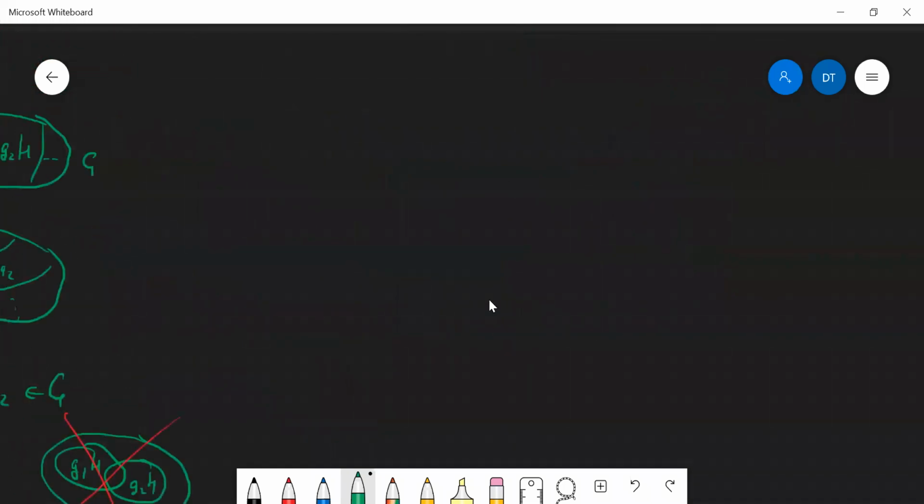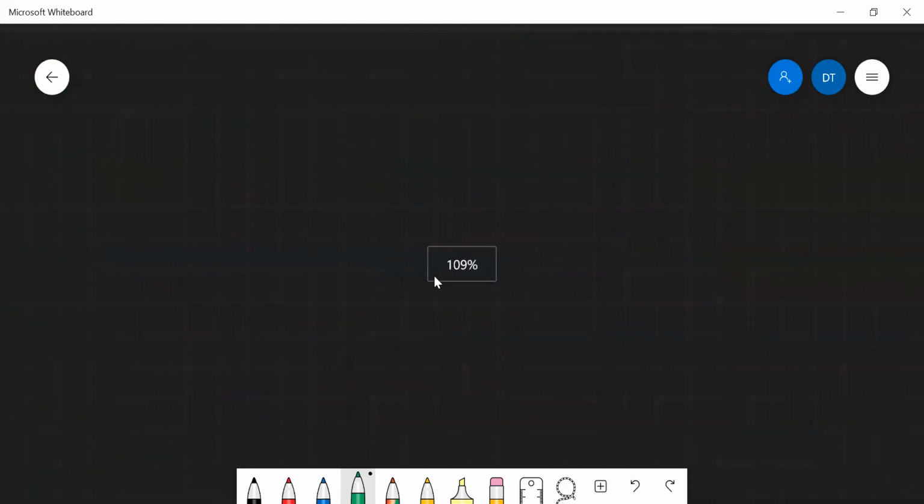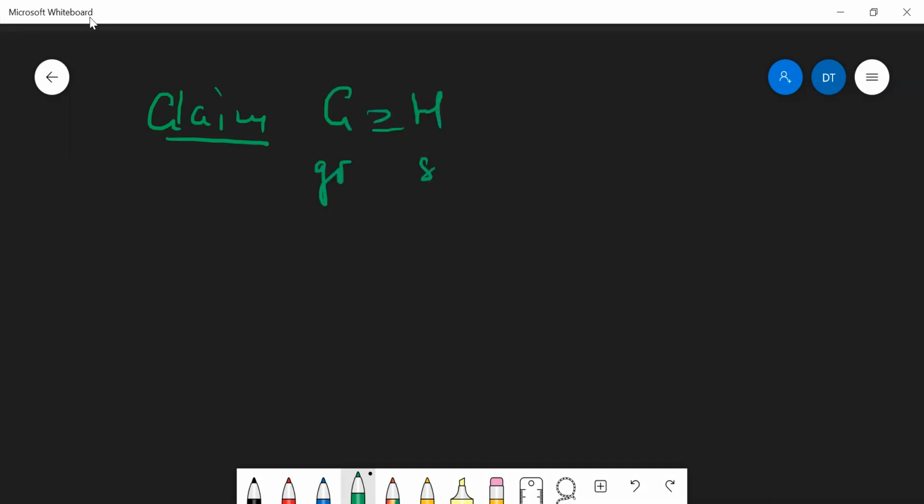The next thing I want to explain is that all cosets have the same number of elements as the group H. Let me formulate the claim. Suppose G is a group and H is a subgroup. And for simplicity, assume that H is finite, so it has only finitely many elements.